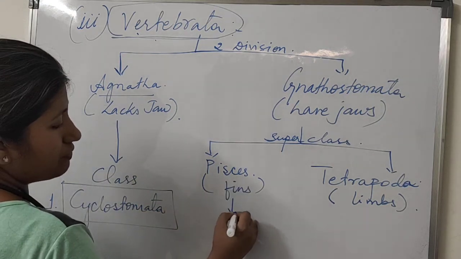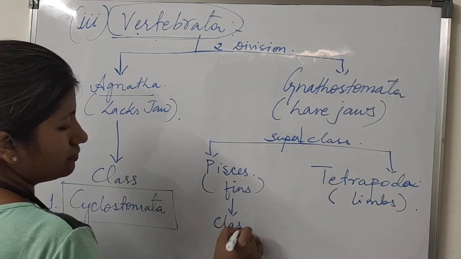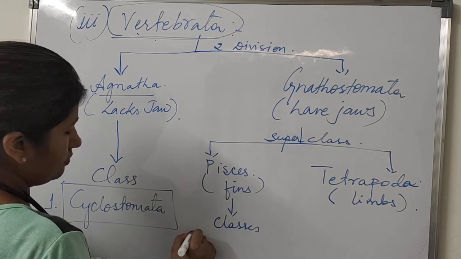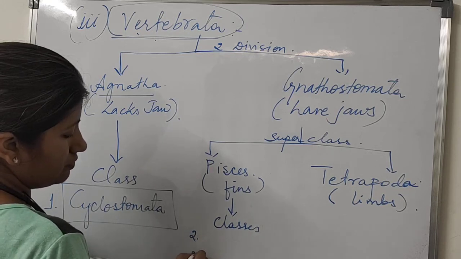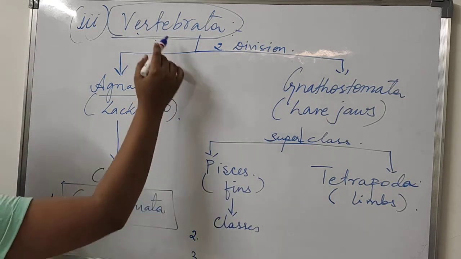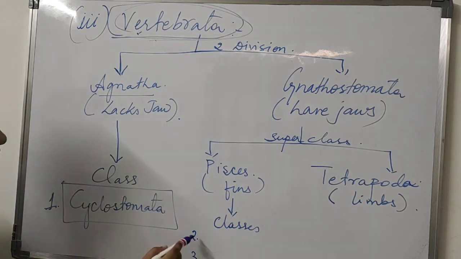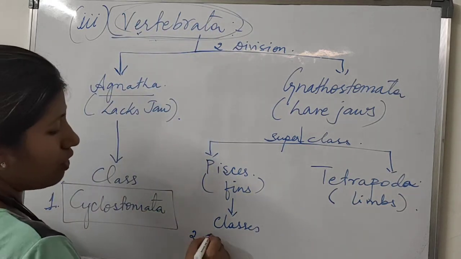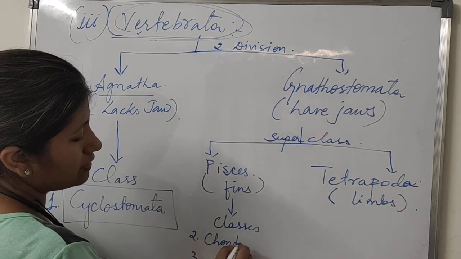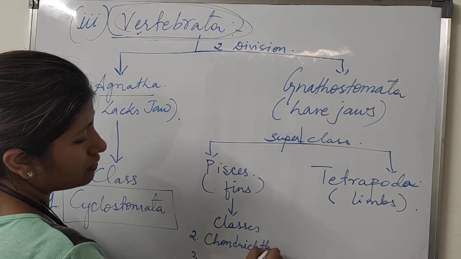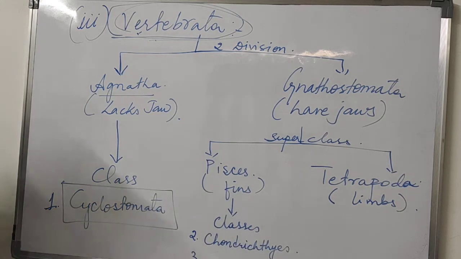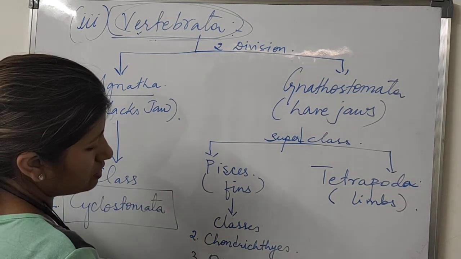So Pisces have 2 classes. See, under the Vertebrata, this is first class. This will be second class, Chondrichthyes. Okay, Chondrichthyes and Osteichthyes.